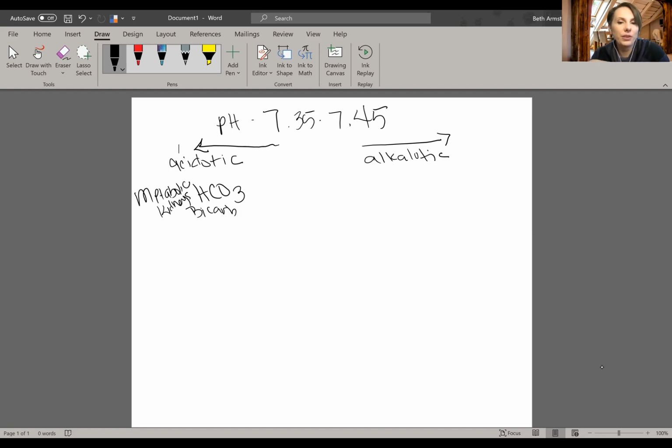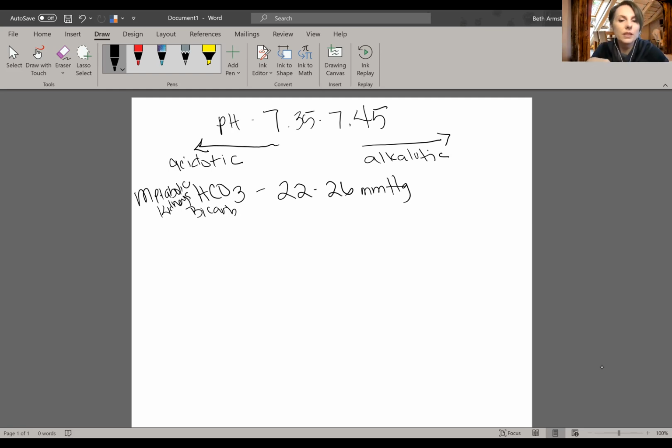HCO3. What is the normal range of our bicarb? 18 to 24. Okay, this is kind of where our weird range is. It's actually 22 to 26. Some people say a little bit different, but it's actually 22 to 26, and this is millimeters of mercury.